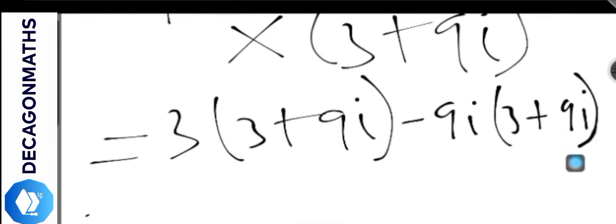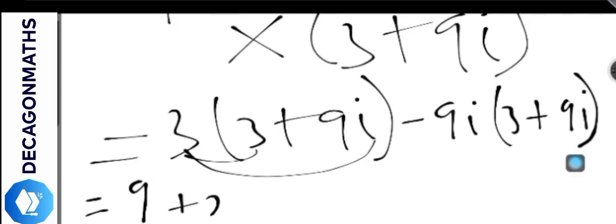So let's multiply this out. We have 3 times 3 is a 9, and 3 times plus 9i is a plus 27i.